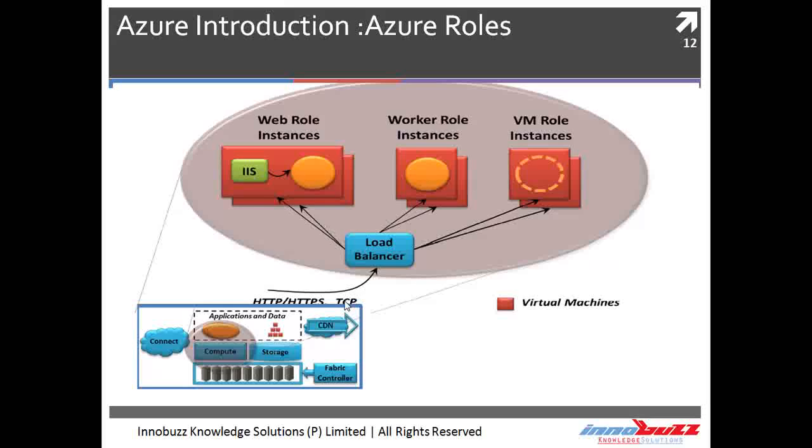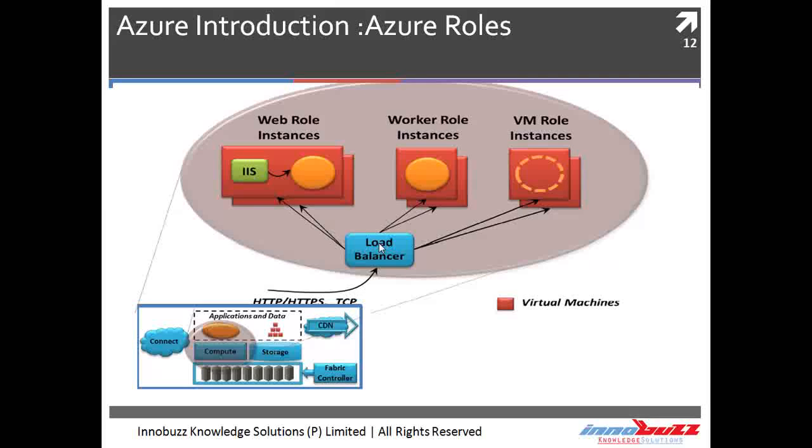Because the load balancer doesn't allow creating an affinity with a particular role instance, there is no support for sticky sessions, and there is no way to guarantee that multiple requests from the same user will be sent to the same instance of a role.